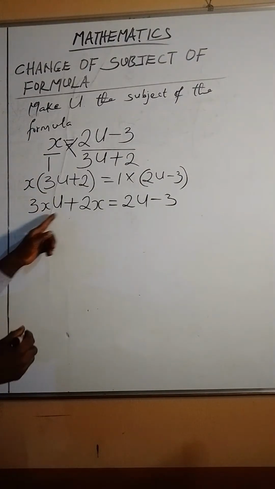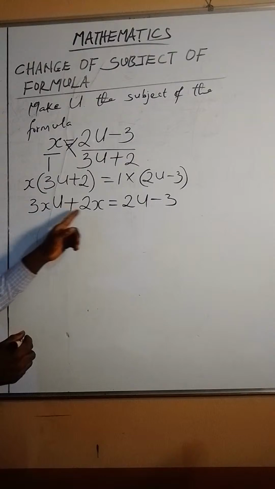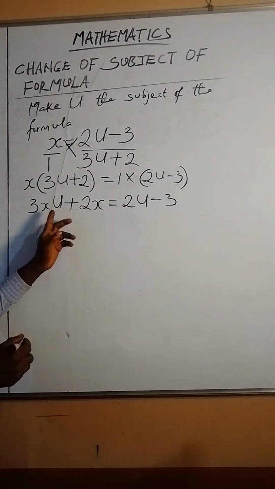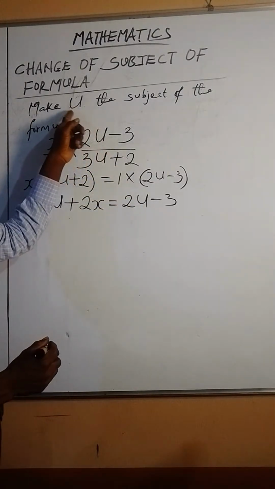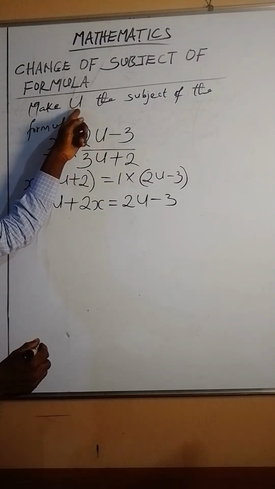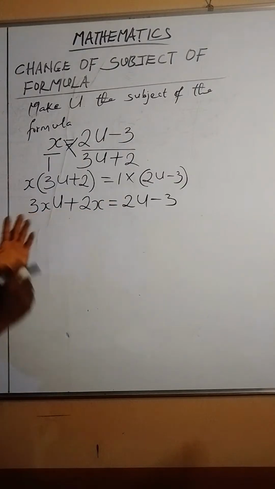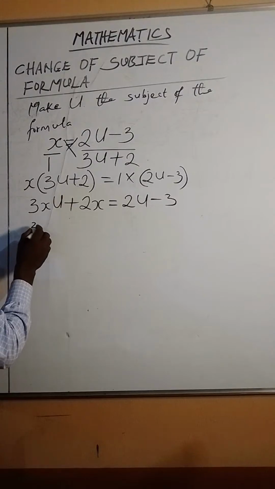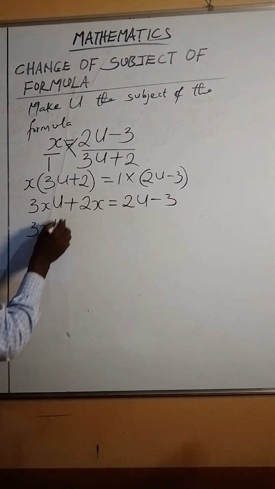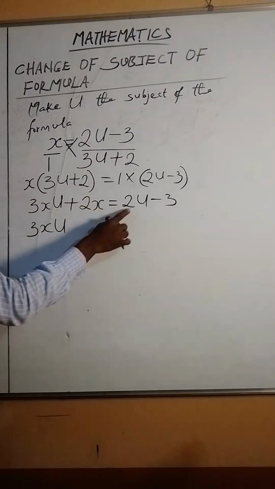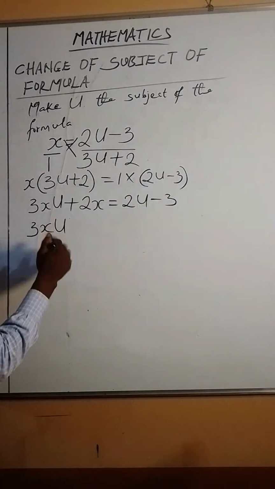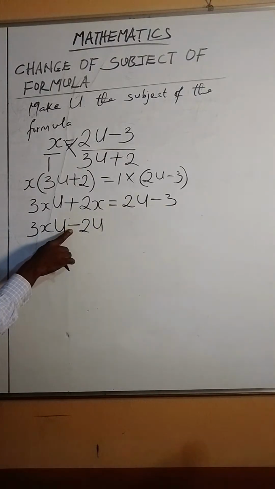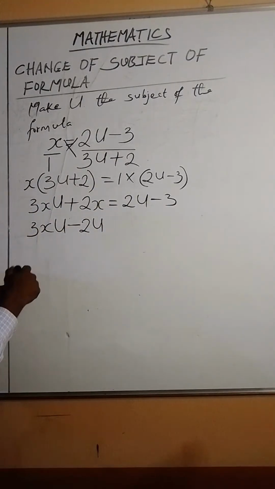Now it's time to bring like terms together. We bring the terms in u together, since we are to make u the subject of the formula. These two are not like terms, because this has x but this is u. So we are left with 3xu at the left-hand side, then 2u is brought to the left-hand side, and it becomes minus 2u because it is crossing the equality sign.